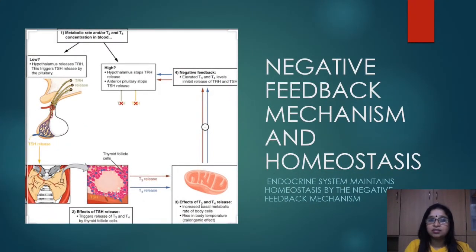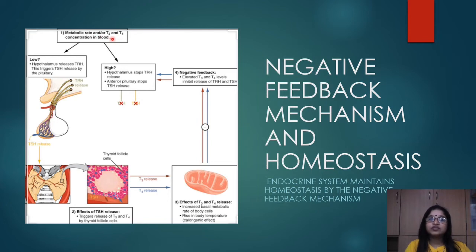Let us now learn about the negative feedback mechanism seen in the endocrine system to maintain homeostasis, or sort of an equilibrium within our body, because no gland or organ can just keep on secreting its secretions without some kind of regulation. So let us see how it works by taking the example of the thyroid gland. The T3, T4 are the thyroid hormones.